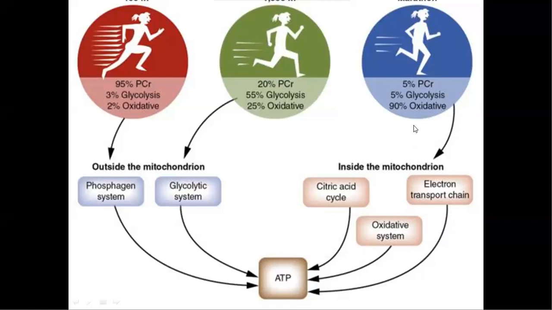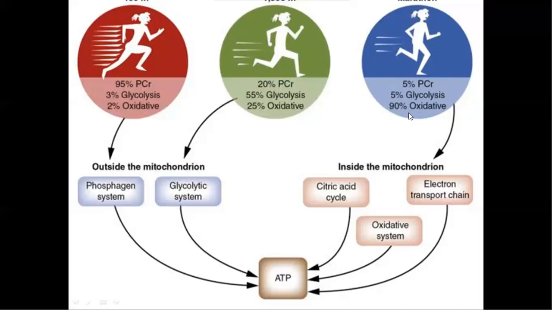Marathon runners activate this system. So 90% oxidative system is activated for marathon runners. In this system, fats and proteins are also involved, which are burned, producing a long-term energy source.